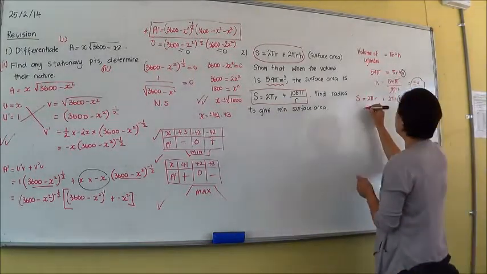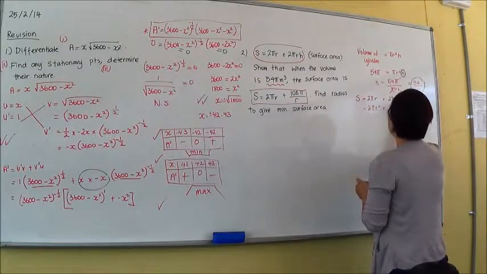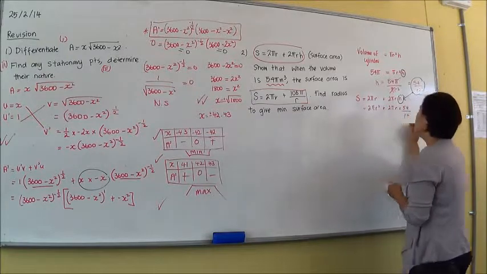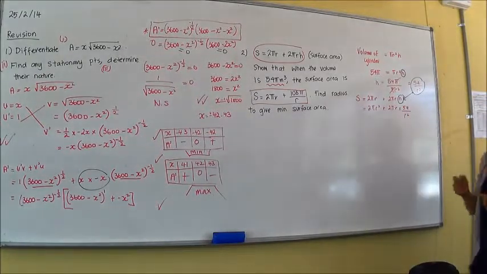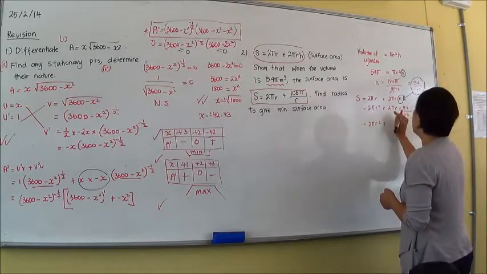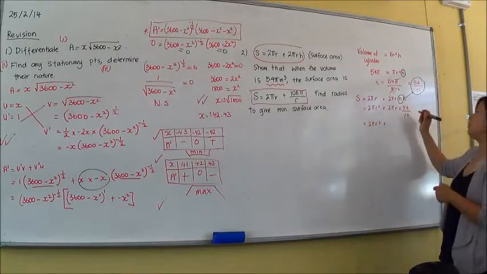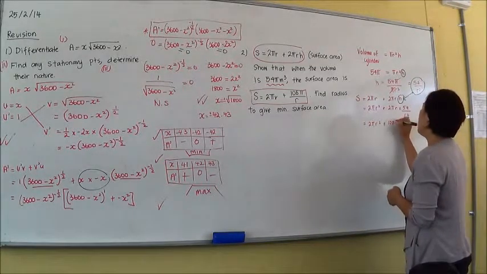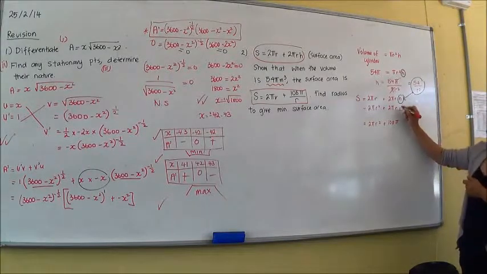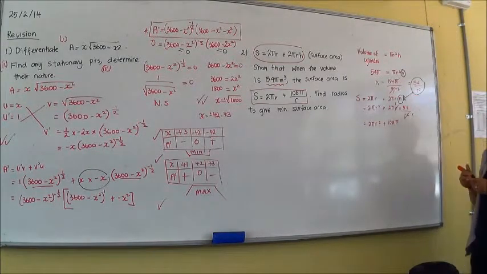So that's 2 pi r times 54 over r squared. So I'm going to simplify it. 2 times 54 is 108. Pi stays as is, and the r's cancel out, so we have just one r left here.